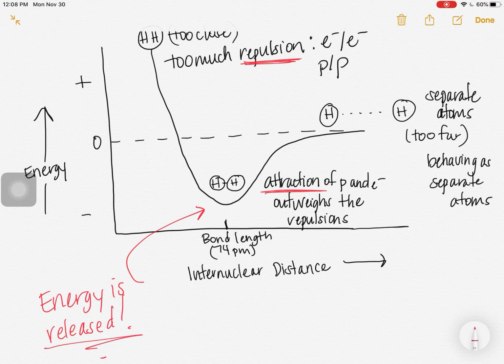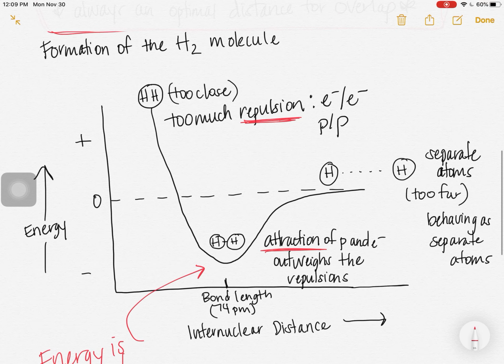And that's why hydrogen atoms prefer to covalently bond as a molecule, because they release energy. And that's a better place to be than in a high energy situation. And that's where we talked, back in thermo, that all bonds require energy to be broken, but all bonds release energy when they're formed. And this is a perfect example, just an example in graphical form.